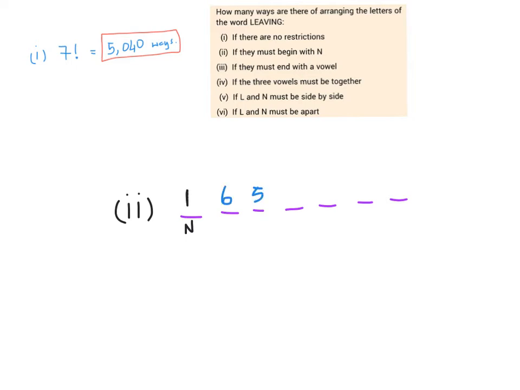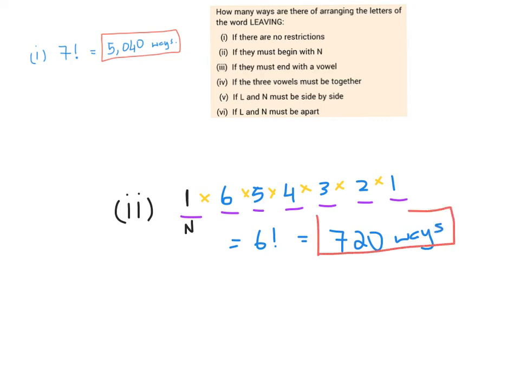And then 5 options, 4, 3, 2, 1. So we can see that has turned out to be 6 factorial, which we'll just write down here. So 6 factorial, which is equal to 720 ways. And again, just doing that as the factorial option on your calculator.